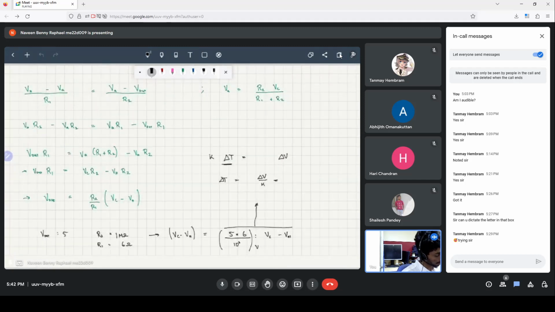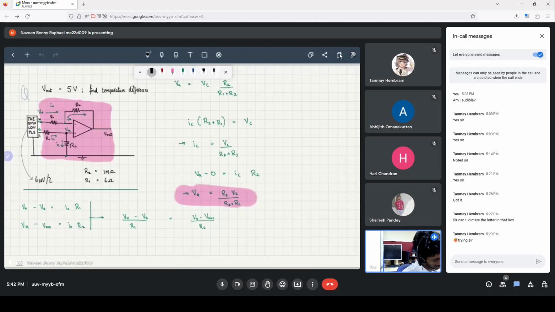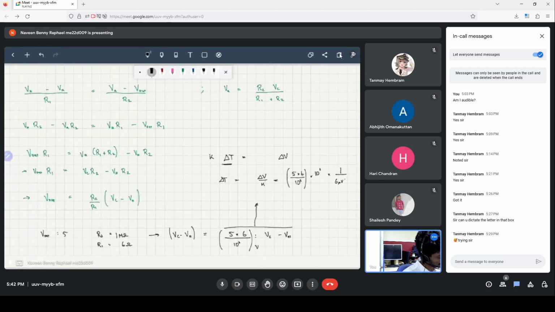So when you convert this to microvolt, we get 5 into 6 by 10 power 6 in volt; you multiply this by 10 power 6 to get microvolt, and we are dividing by 6 microvolt per degree.